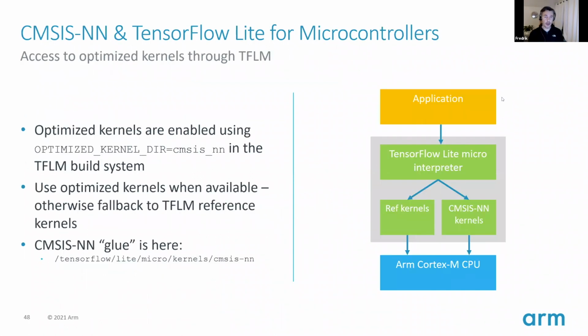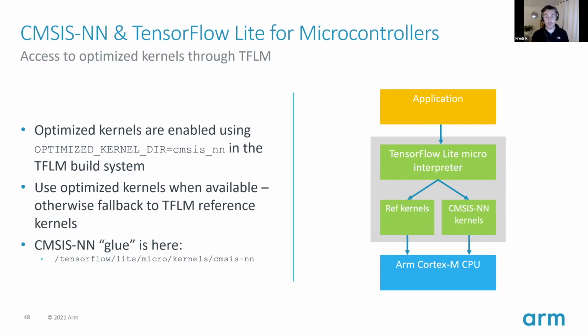Okay, so how do we merge together CMSIS-NN and the optimized kernels with the runtime, TensorFlow Lite for Microcontrollers? It's quite simple. You basically use the build system listed here in the TensorFlow Lite for Microcontrollers build system.